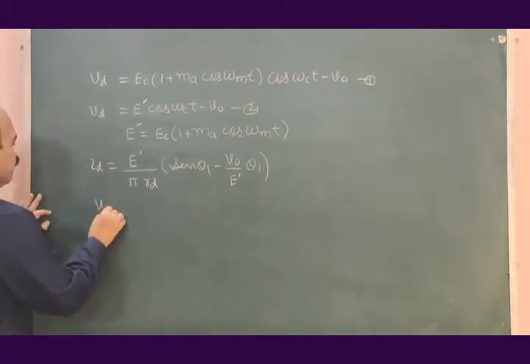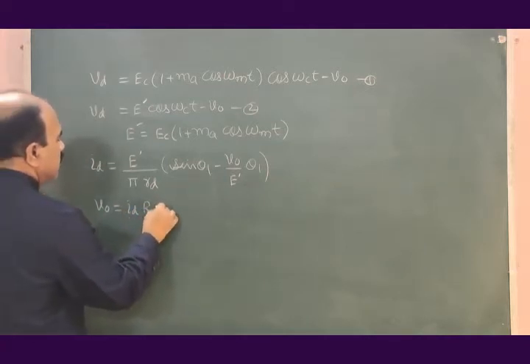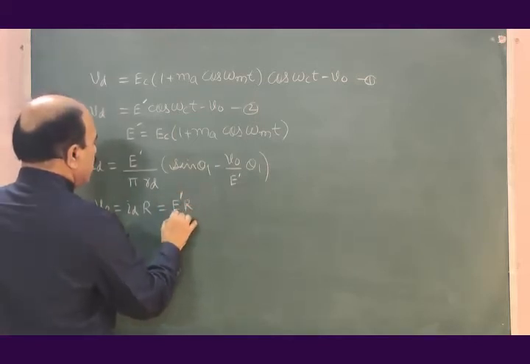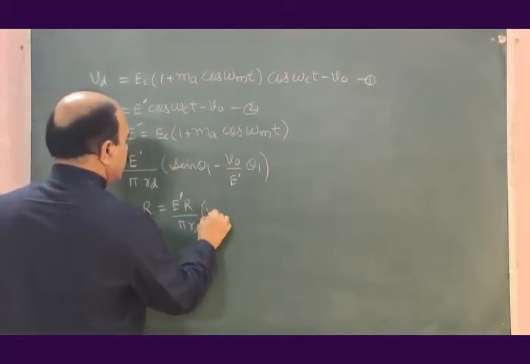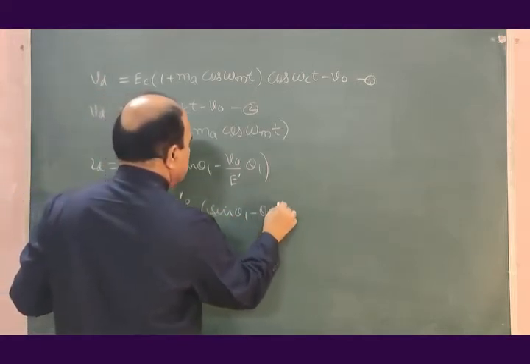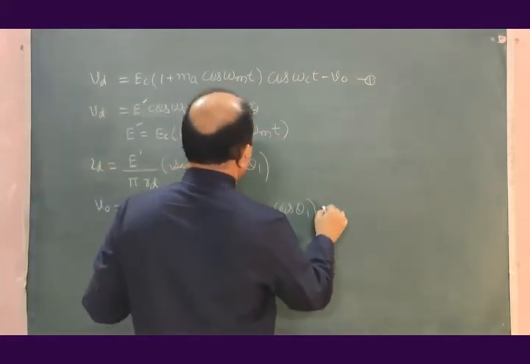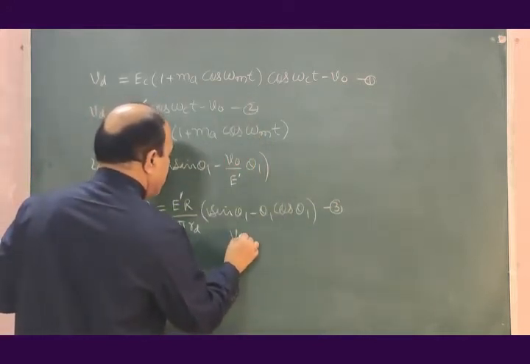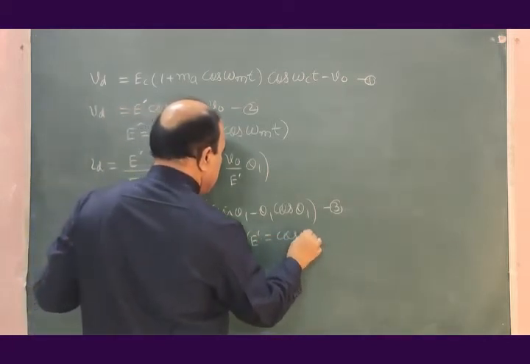The output voltage Vo will be equal to ID into R, that is equal to E dash R divided by pi RD into sin theta 1 minus theta 1 cos theta 1, equation number 3, where we can consider Vo by E dash, it is constant, as cos theta 1.